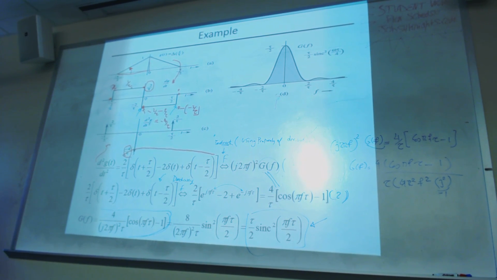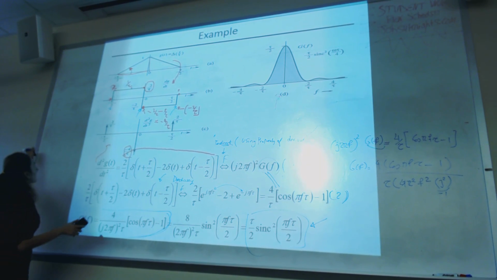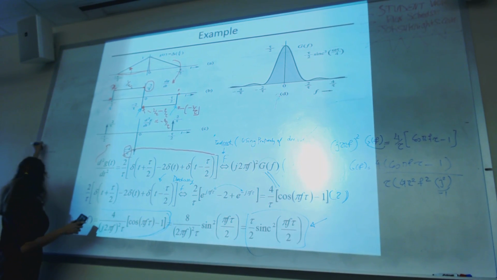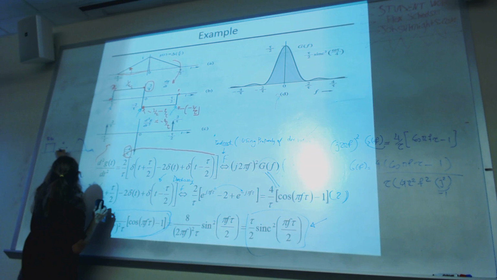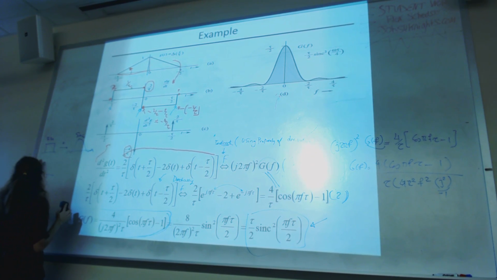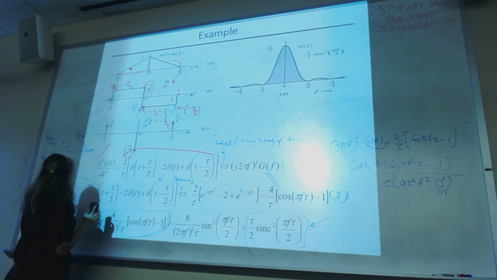Okay, that's good. Now the takeaway is that remember we said if I have a pulse, the Fourier transform is a sinc. Now we add to that: if I have a triangle, the Fourier transform is sinc squared.